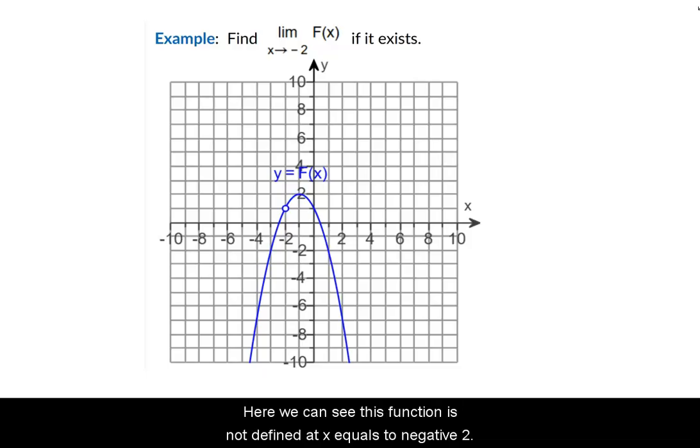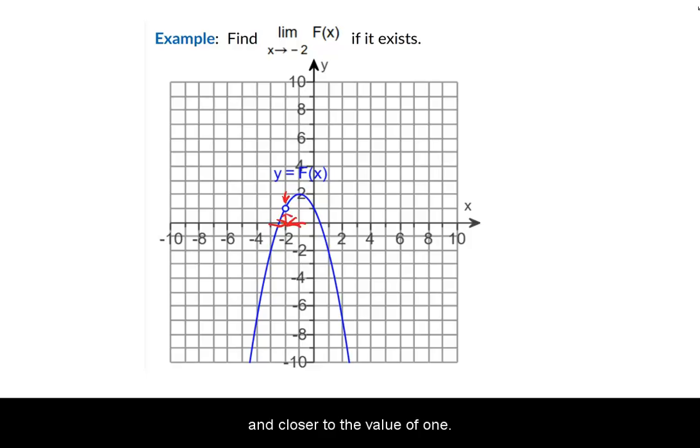Here we can see this function is not defined at x equals negative 2. But as x gets closer and closer from both sides to negative 2, the y value is getting closer and closer to 1.